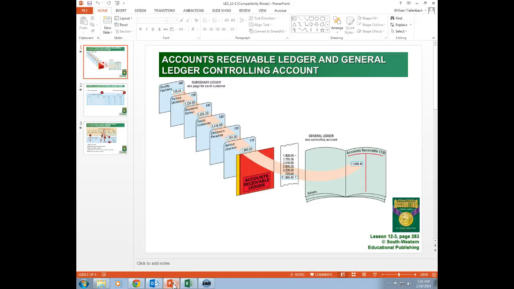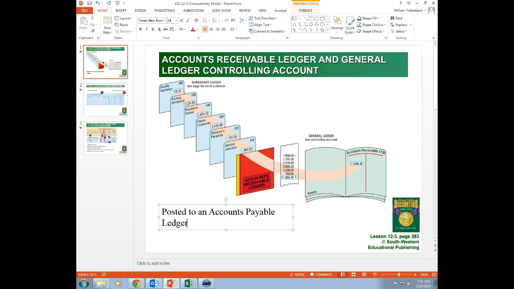This is chapter 12-3, just to give you an idea of what we've done so far. In chapter 12, we have posted to an accounts payable ledger. First, in chapter 12-1, we did this from a purchases journal.